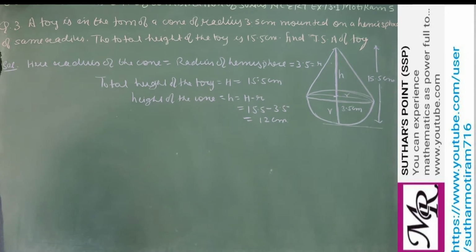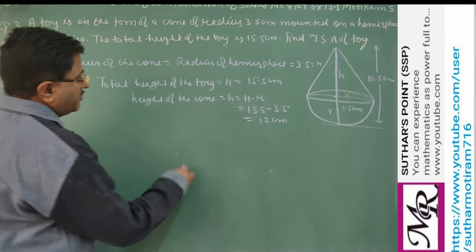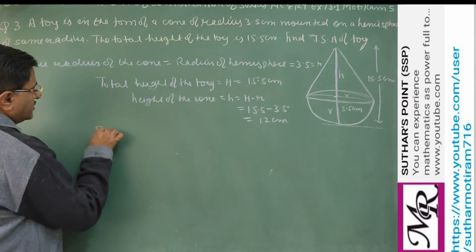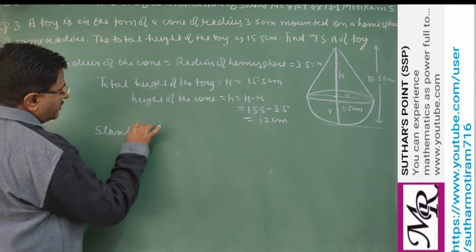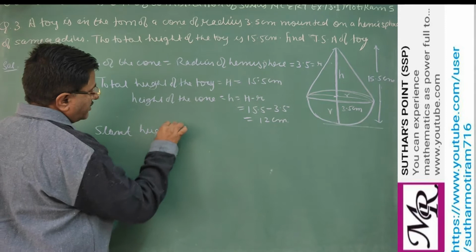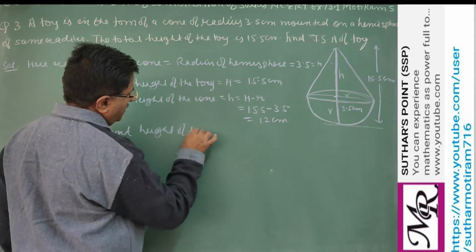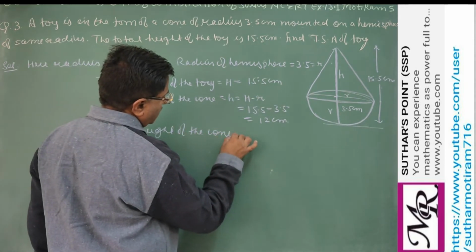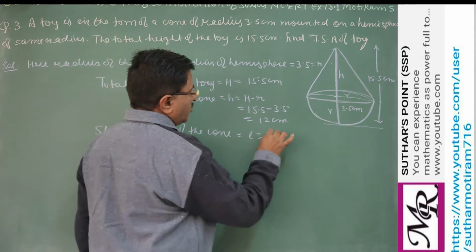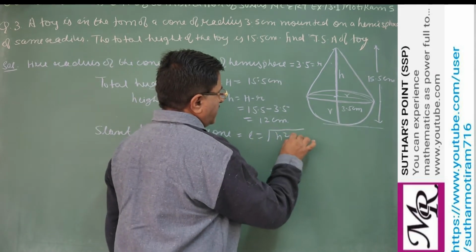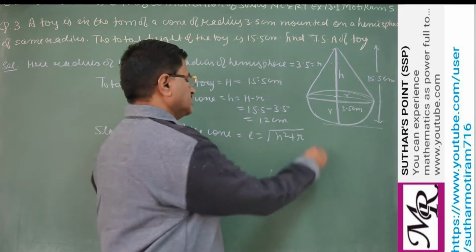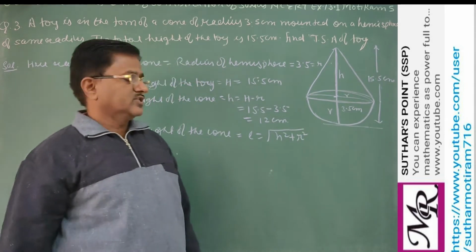Now we want to find the slant height of the cone, because for surface area we need the slant height. So the slant height of the cone, that is l equal to, as usual formula, root of h square plus r square.